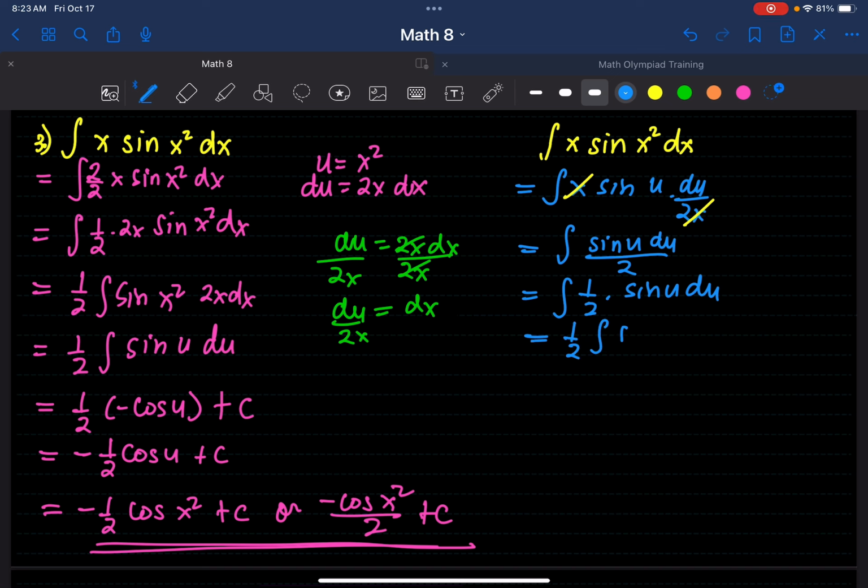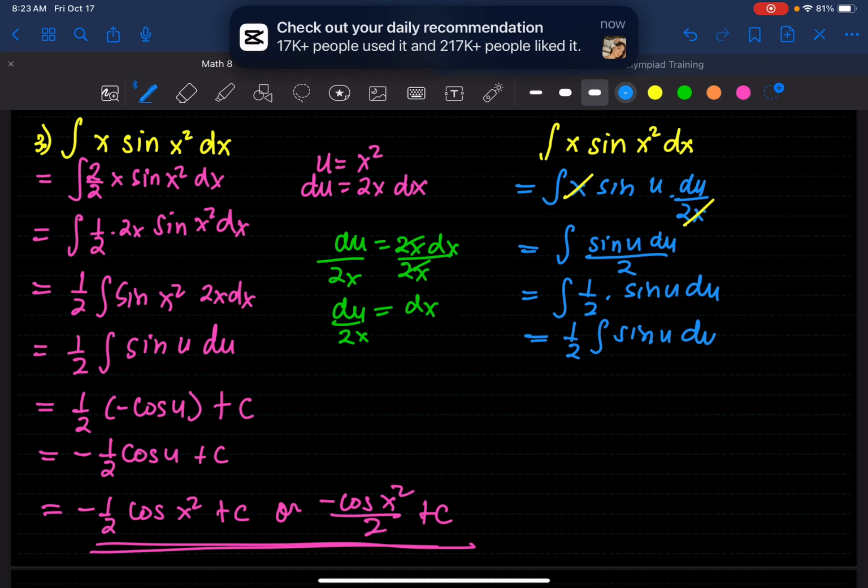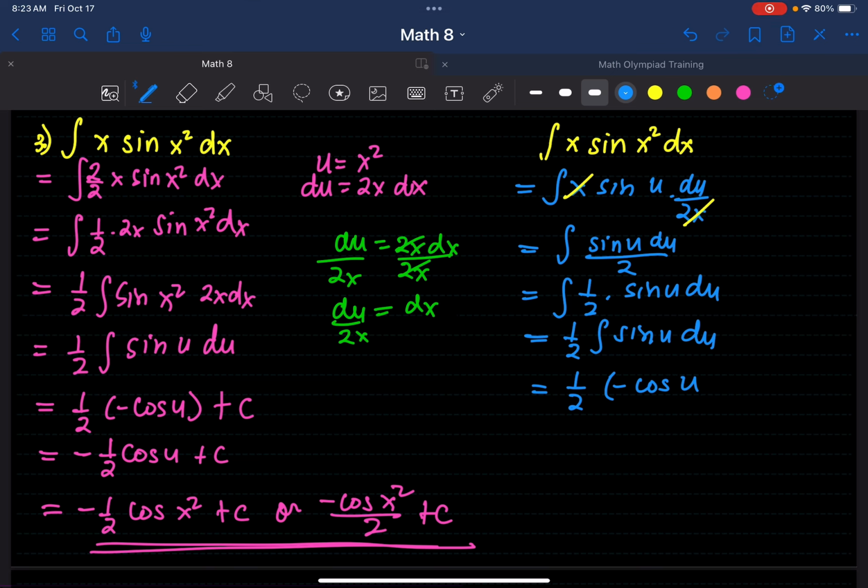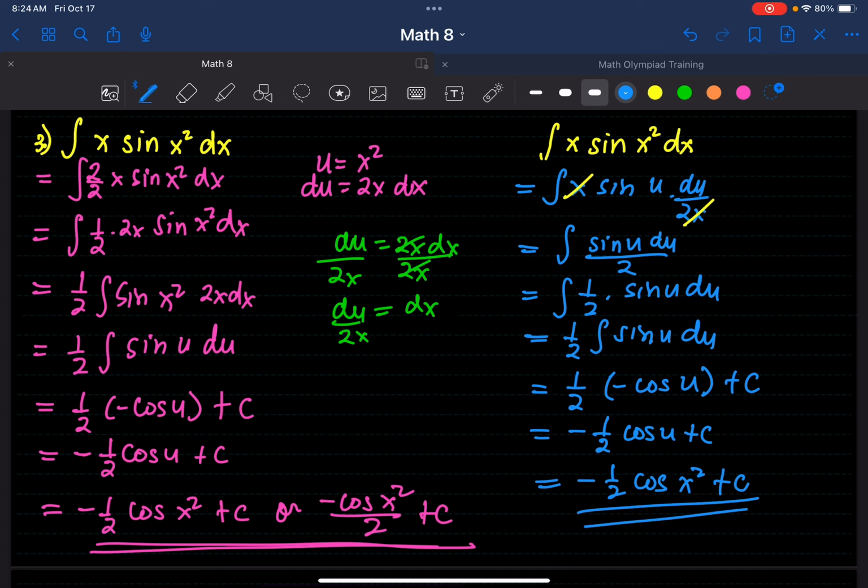This will become integral of sine u du. And what is the integral of sine u? Negative cosine u plus c. 1 half times negative cosine u is negative 1 half cosine u plus c. Substitute the value of u: negative 1 half cosine x squared plus c. And this is the answer. They are the same, right?